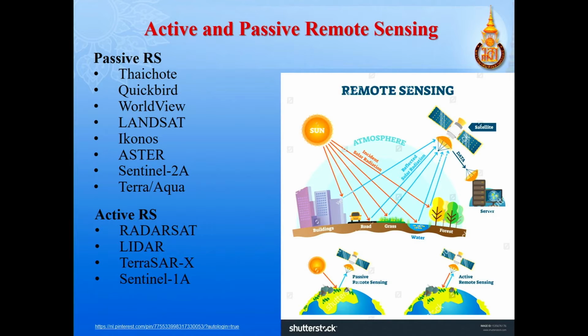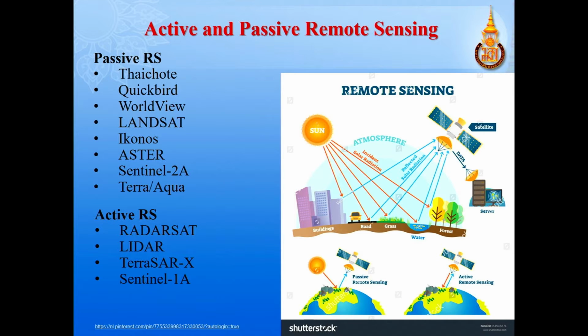I want to give you some examples for passive remote sensing and active remote sensing. Normally, with passive remote sensing, there are many kinds of satellites in our world now. I give you some passive remote sensing like QuickBird. QuickBird gives very high resolution images from the satellite.